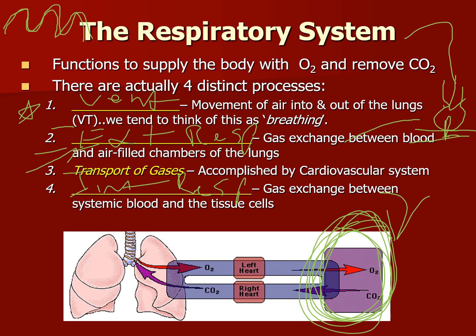So number 3, I know we're sort of skipping there, is the transport of gases. Once we ventilate, if we're looking at number 1, we get gas going into the lungs, then it goes into external respiration where it gets into the bloodstream. All right, that's great. We got oxygen all the way down into the bloodstream.